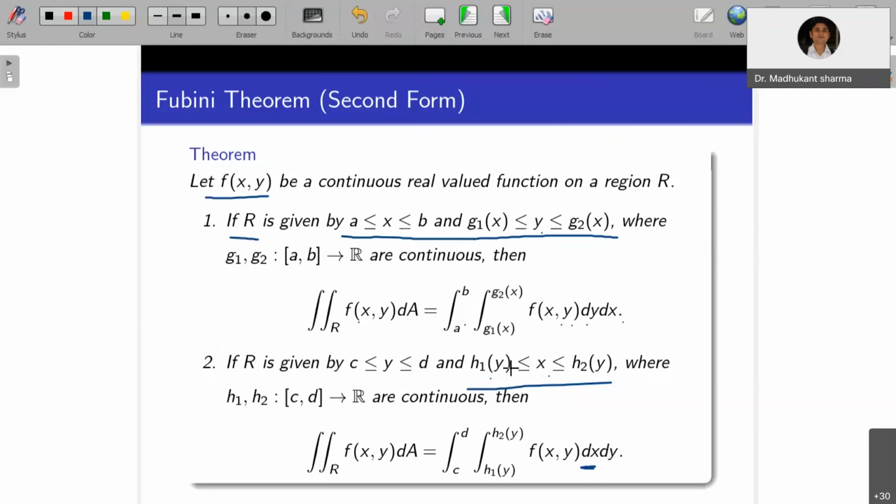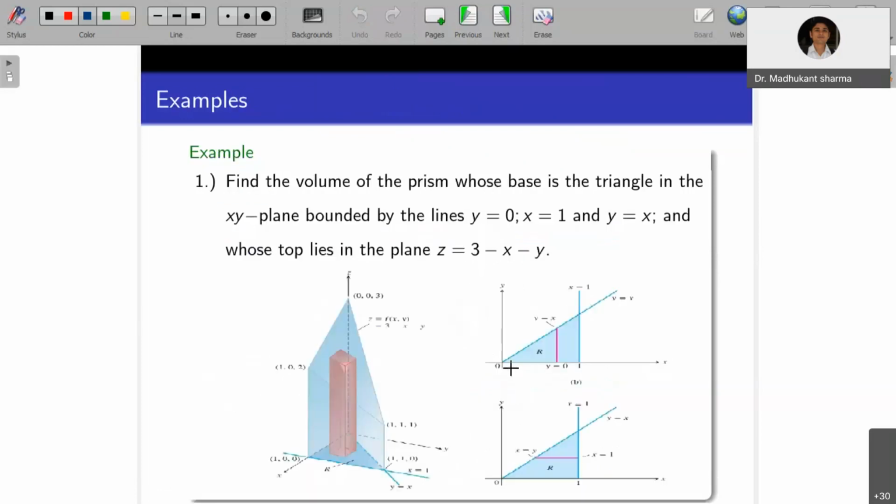Right. So now let's do one example. We are interested in finding the volume of the following prism whose base is the triangle in the xy plane bounded by the following lines.